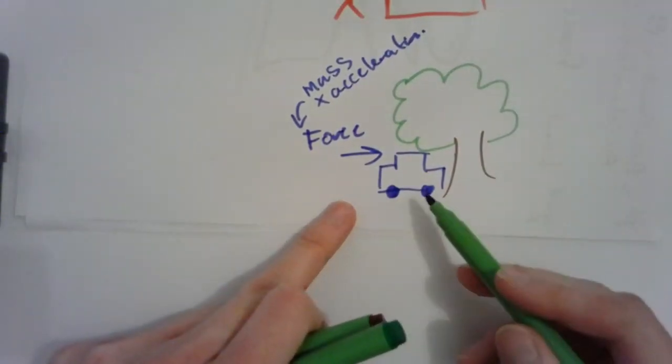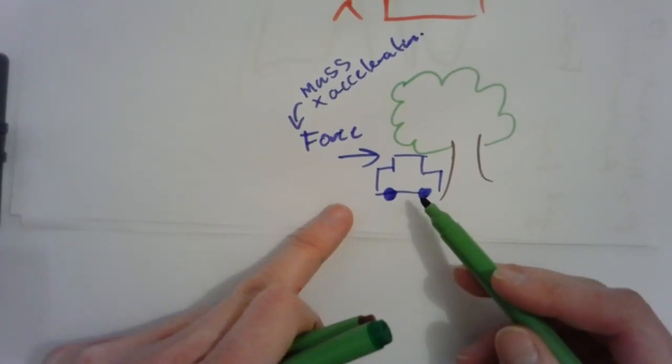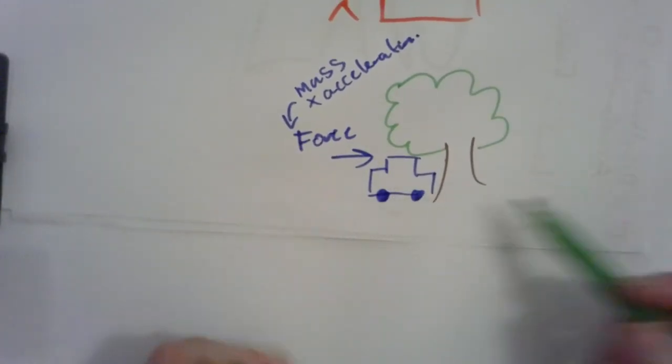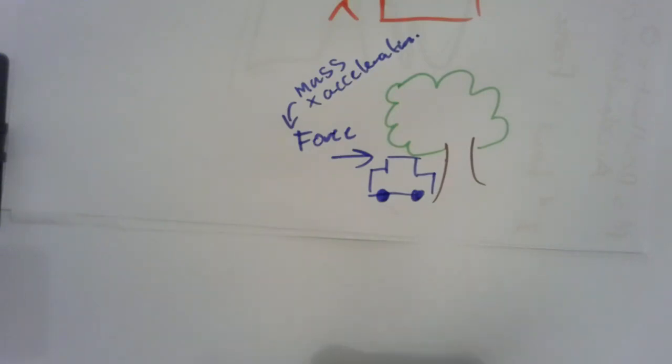Depending on how much I'm accelerating when I hit that tree, and the mass of my car, will determine how much force I hit that tree with.